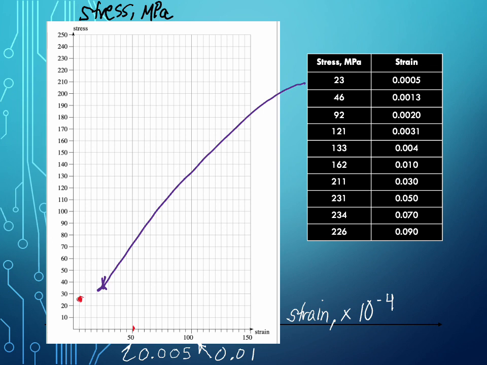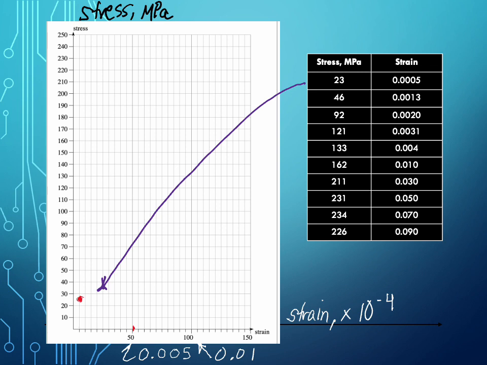So I pulled this in and did my best to get a good graph that I could use. I know that my stress levels are going to go up to 234 megapascals, so I have this y-axis going from 0 to 250 megapascals. I had some trouble making the software give me an x-axis with values less than 1.